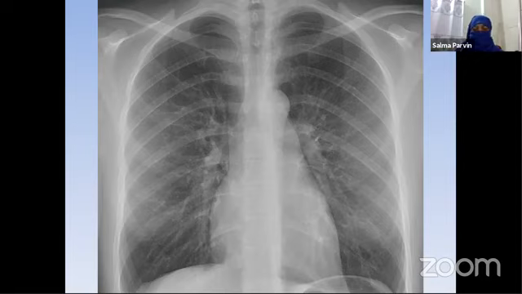We have to start with, and later on, we will go to the pathologist. Here you can see a chest X-ray, PA view. I think this is nothing new to anybody in the medical science.